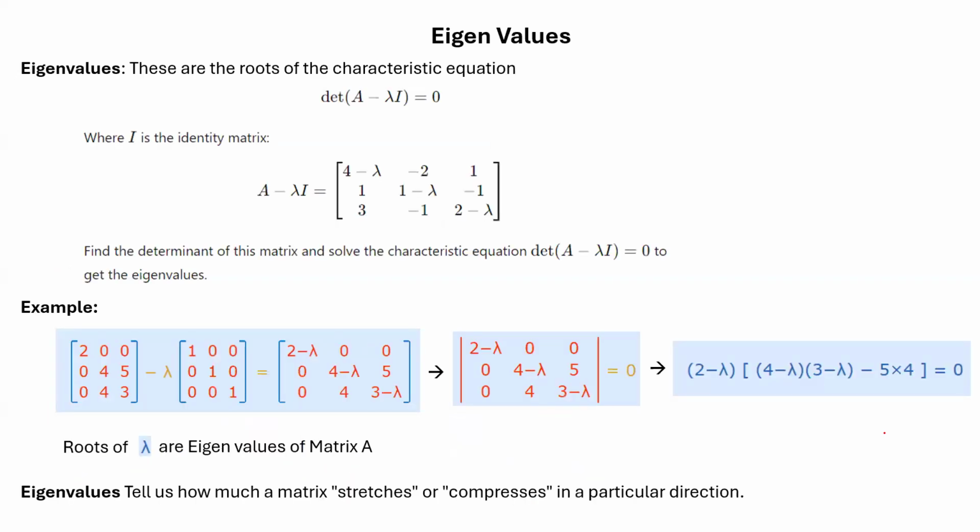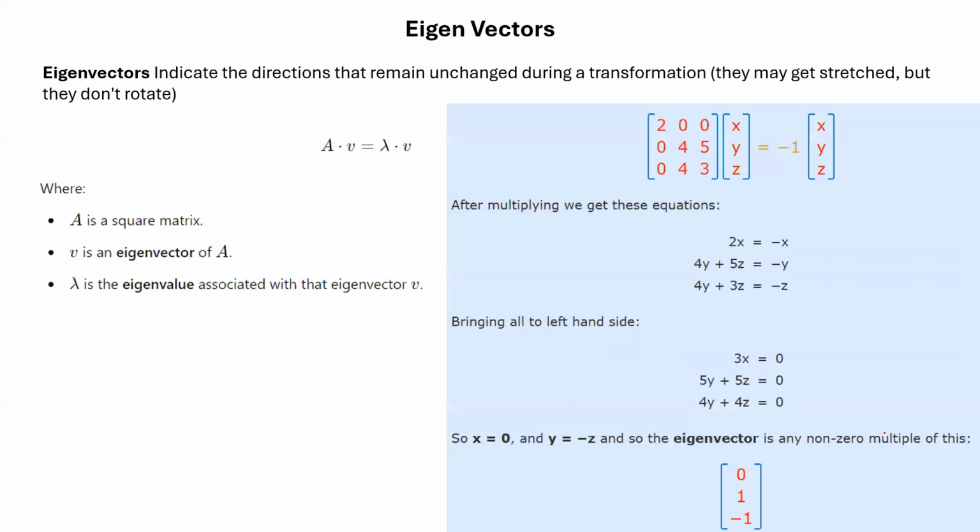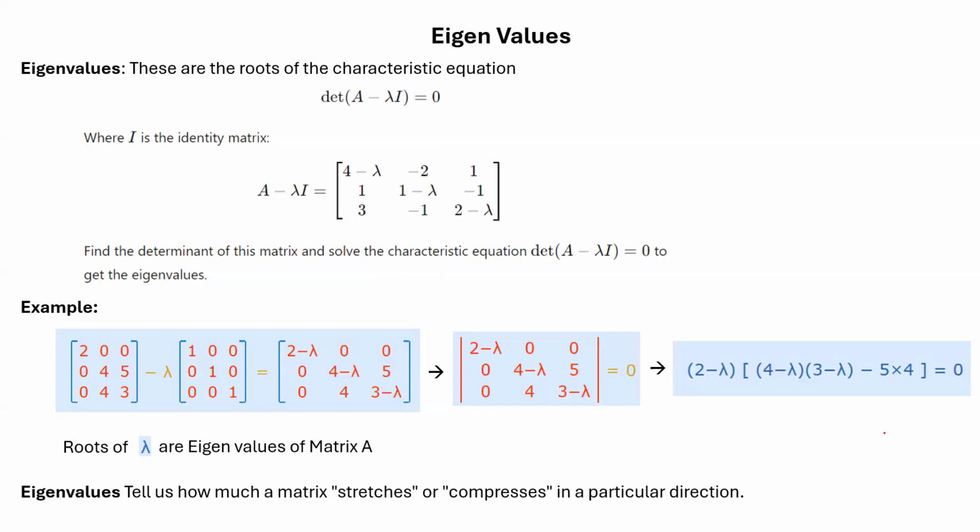And then these are very important: understanding eigenvalues and eigenvectors. This slide is for eigenvalues and this slide is for eigenvectors. Calculating the eigenvalues and eigenvectors for a matrix is really important because these are core for dimensionality reduction, which we are going to learn later.